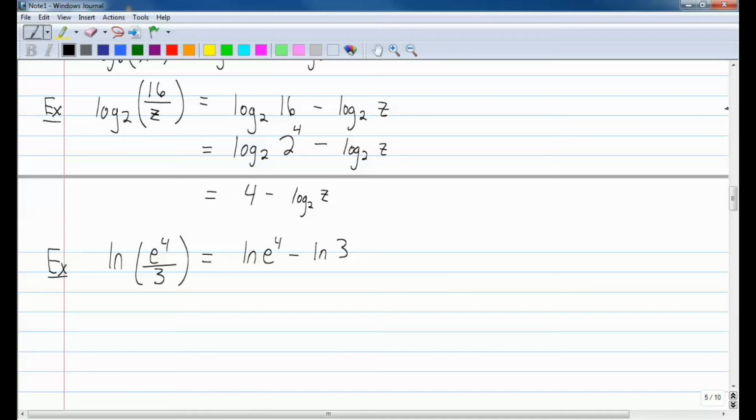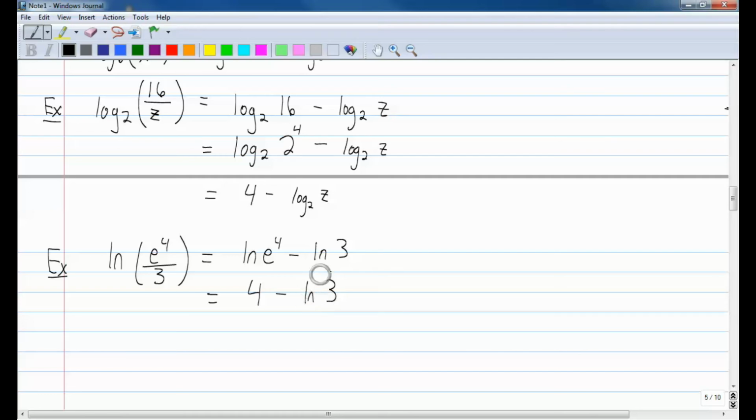Remember, natural log is log base e. So this is log base e of e to the 4th. So that first term simplifies to just 4. So I have 4 minus natural log of 3.